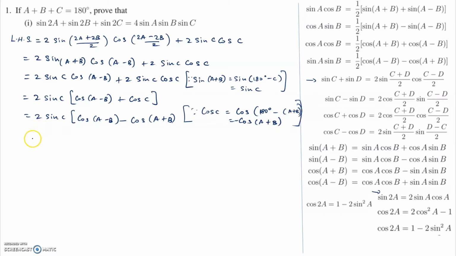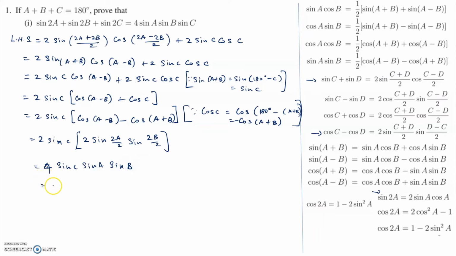Okay, so close bracket here. Now further applying cos (a minus b) minus cos (a plus b) using this formula here, cos c minus cos d, you would get 2 sine c into 2 times sine (2a by 2) sine (2b by 2), which is equal to 2 sine c into... you have a 2 here and a 2 here, so it's 4 sine c sine a sine b.